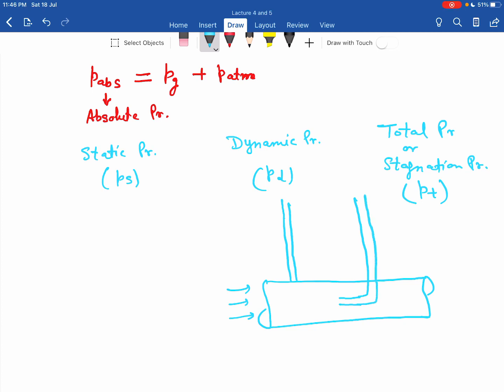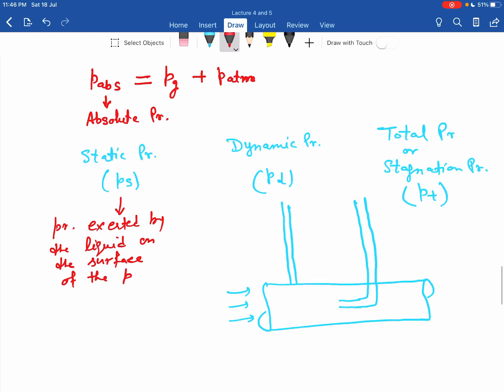The static pressure is the pressure exerted by the liquid or fluid flowing through this pipe on the surface of the pipe, or you can say on the wall of the pipe.